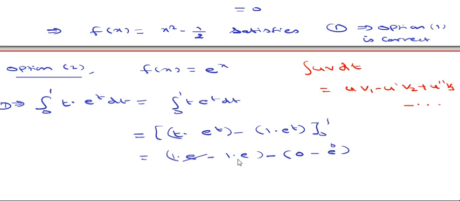So this one and this get cancelled. So this is equal to 1. So this is not equal to 0. Therefore option 2 is wrong.